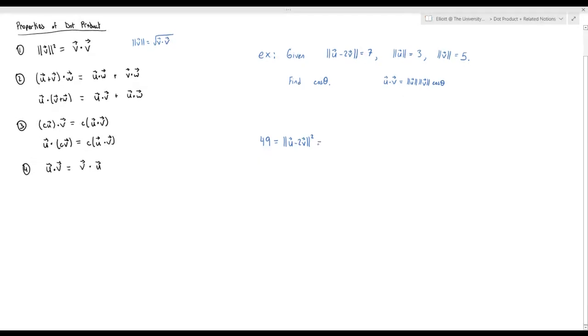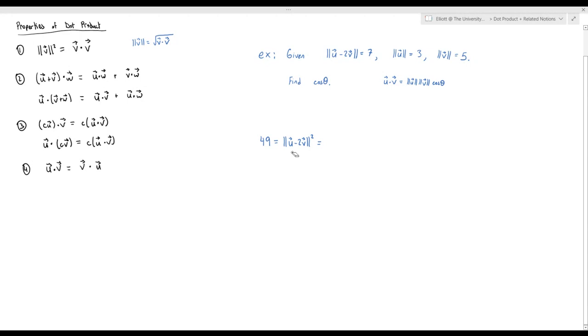The idea is to exploit the first property that lets us think of the norm squared as a dot product of the vector with itself.